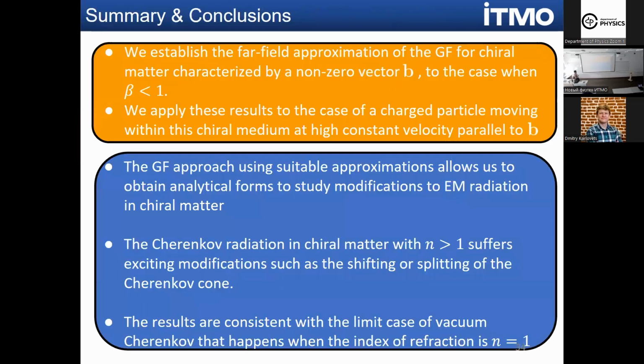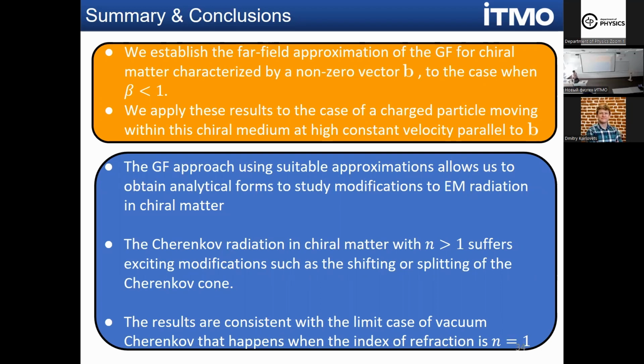So, to conclude, we have established the perturbative approximation for the Green's function for chiral matter characterized by the vector v, in the case where beta, our parameter, is smaller than 1. We apply these results to the case of a charged particle moving in this chiral medium at high constant velocity parallel to v.